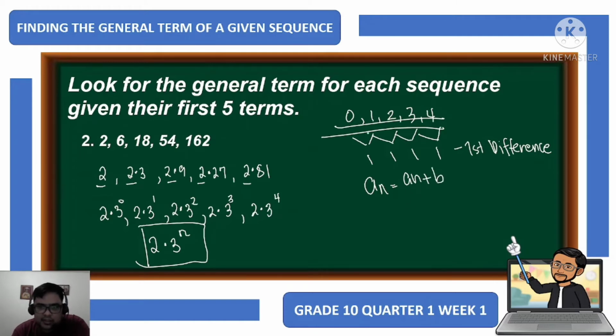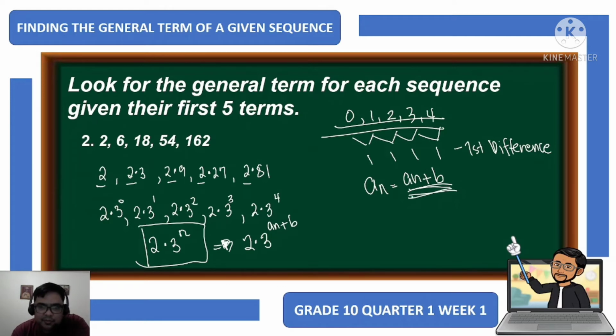So, therefore, since ito ay exponent, ang kanyang form is an plus b, linear. So, therefore, instead of n, ang magiging itsura talaga niya dapat is 2 times 3 raised to an plus b.